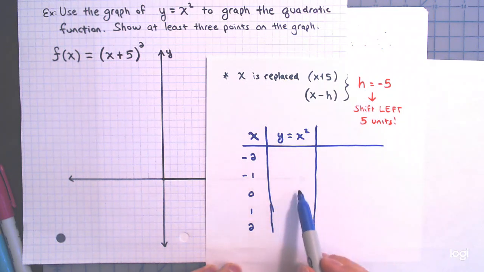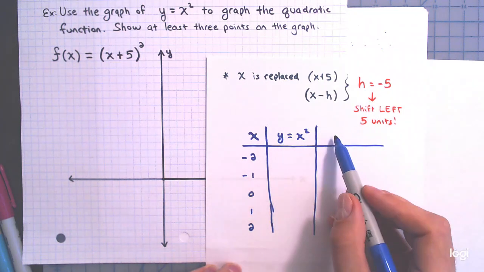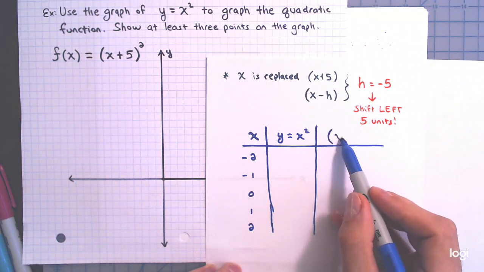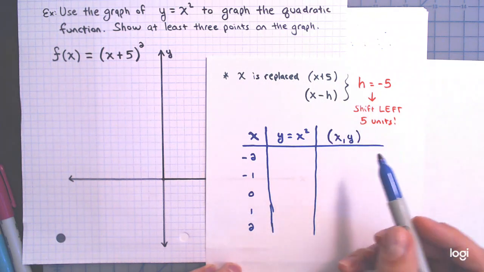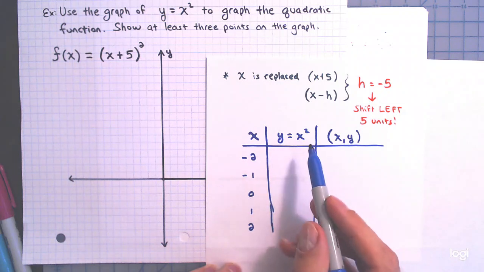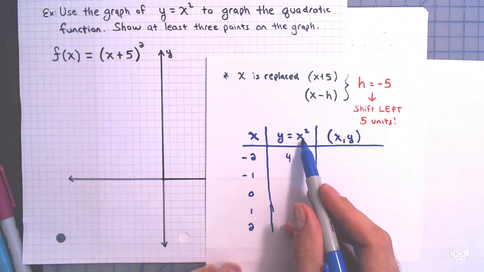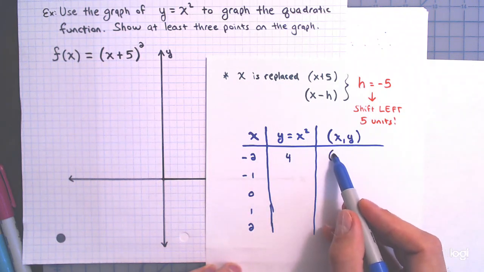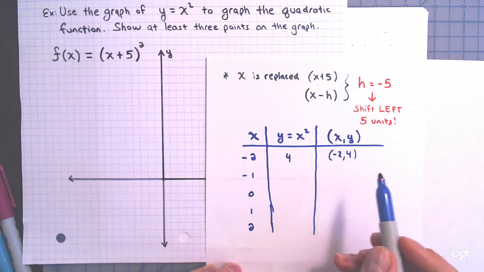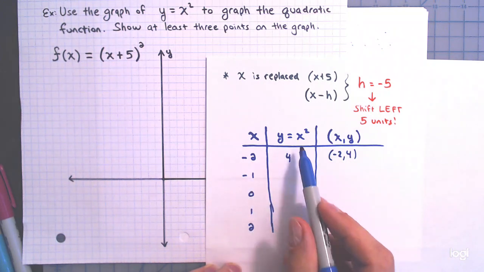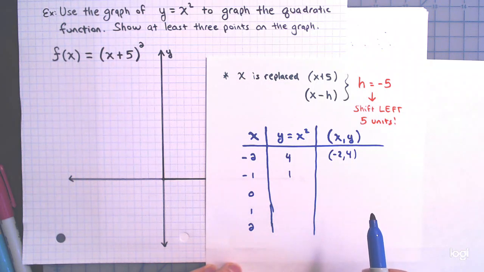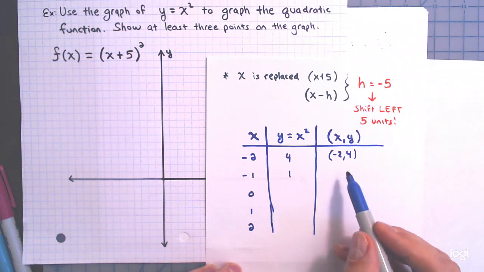The y coordinate's calculated. You take x squared. And then the third column, the actual point I'm going to be plotting. All right, so when x is -2, y would be -2 squared or +4. All right, so I'll be plotting the point -2, 4. When x is -1, output's -1 squared or just +1.